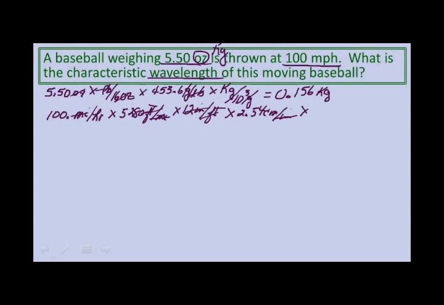Times, let's see, we are now at centimeters, and I've got to get to meters, so I know that in a meter there are 100 centimeters. So centimeters cancel now. So now I'm at meters. Oh, we've got to get it to meters per second. And let's see, in an hour there are 3,600 seconds.